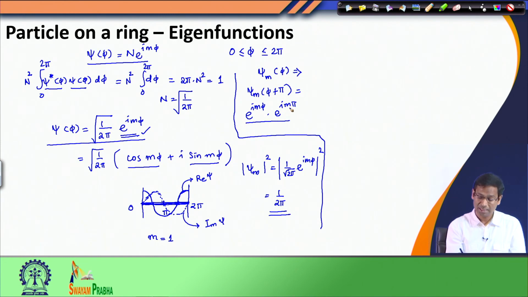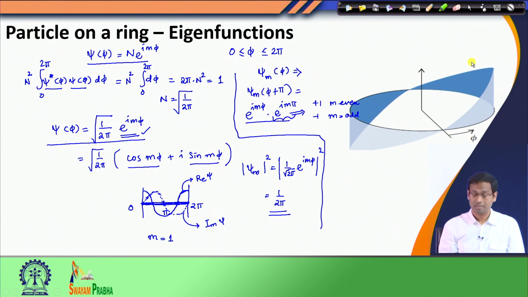Now, if I had e to the power i m 2 pi, this function would have been plus 1 all the time, but e to the power i m pi is plus 1 when m is even and minus 1 when m is odd. So, for an odd value of m, the wave function will be negative of itself after 180 degree of rotation.